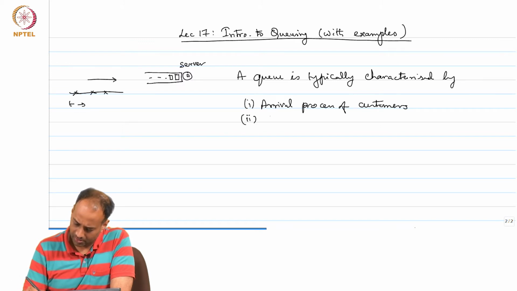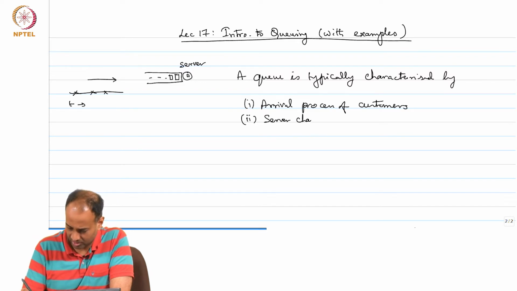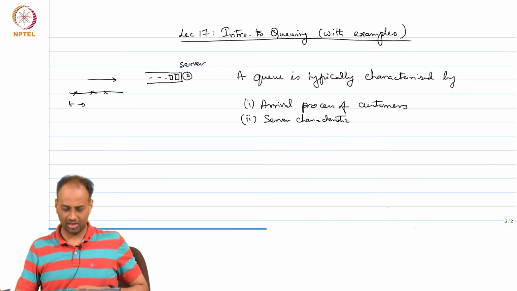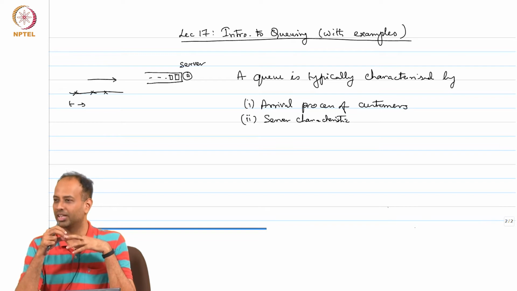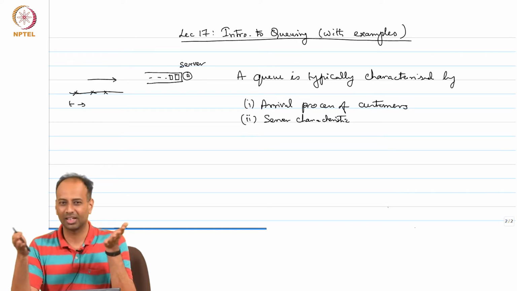Then the server characteristic, which means how long does it take to serve a particular customer. Does it take a deterministic amount of time? Do I serve everybody in 10 minutes? Well, that is one possibility, but often that is also variable.